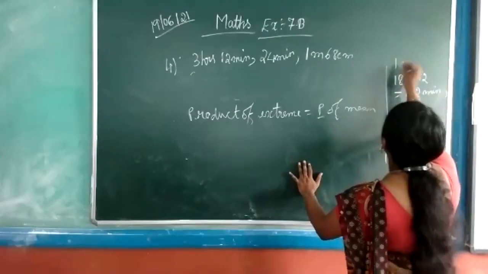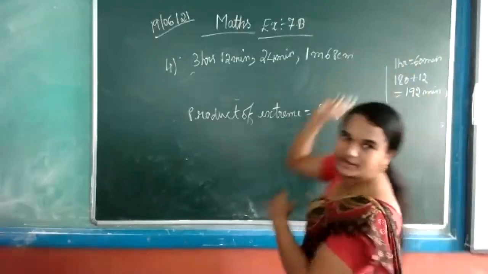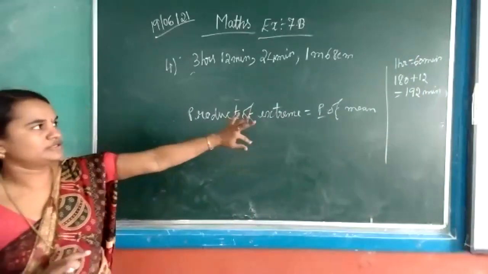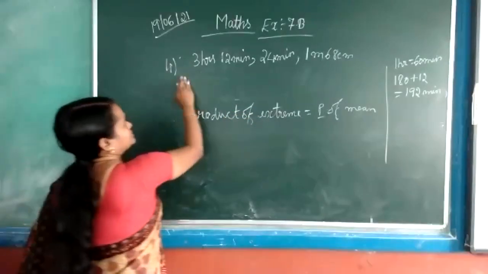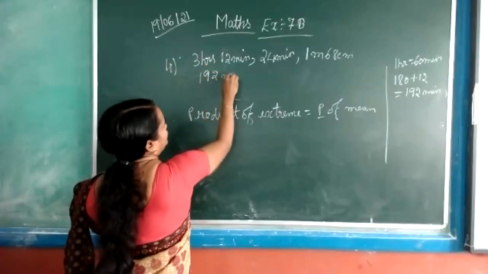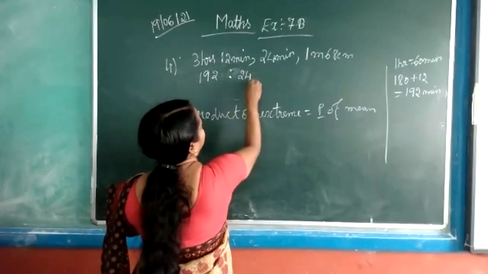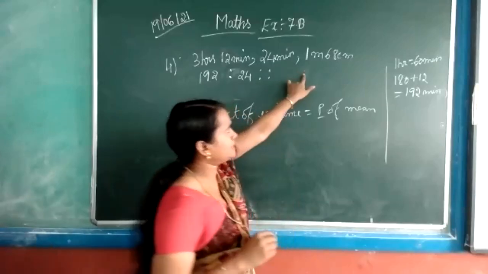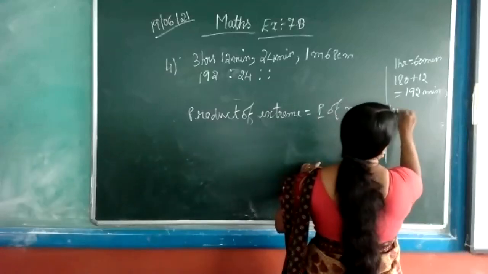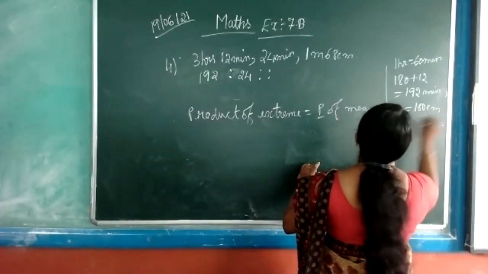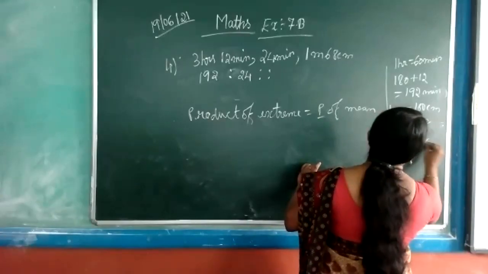Here we get it: 1 hour equals 60 minutes, that's why 180 plus 12, 192 minutes. So first we are getting 192 minutes is to 24 minutes as x is to 1 meter 68 centimeter. 1 meter equals 100 centimeter, that's why 100 plus 68 we get 168 centimeter.